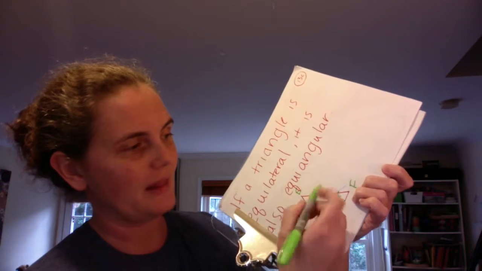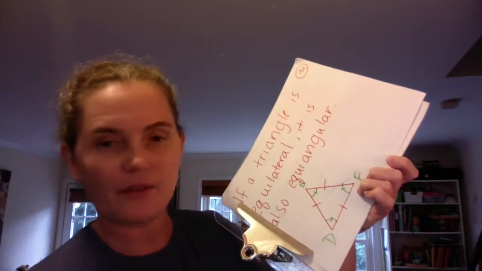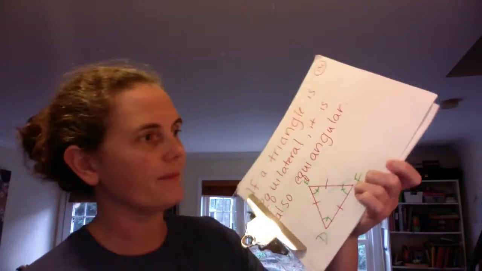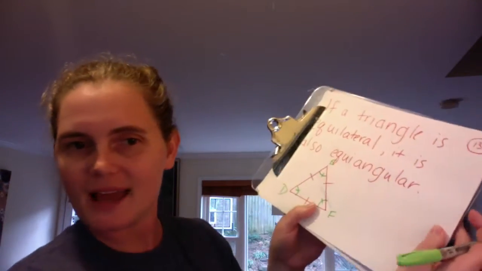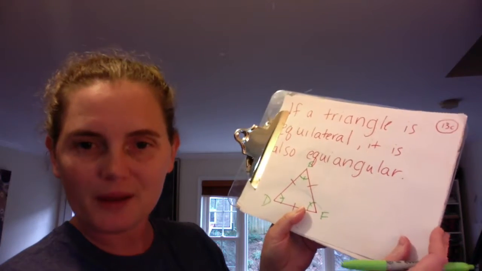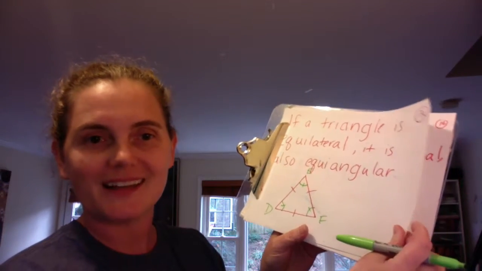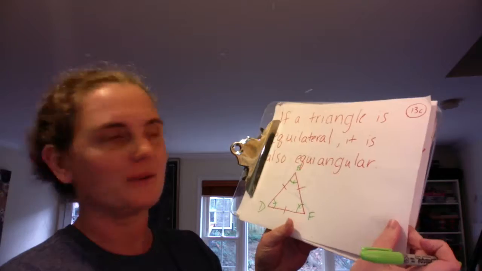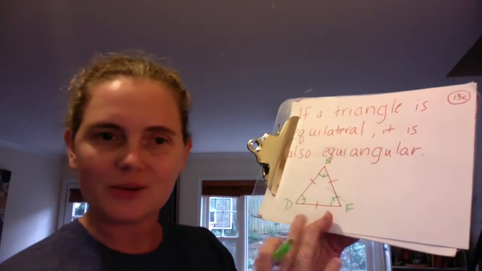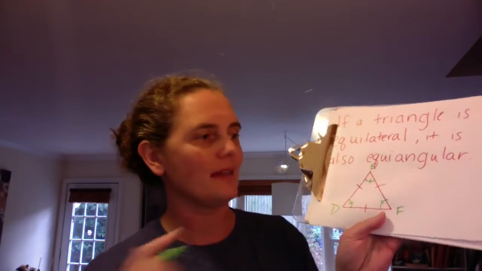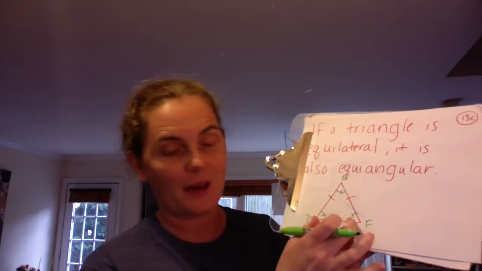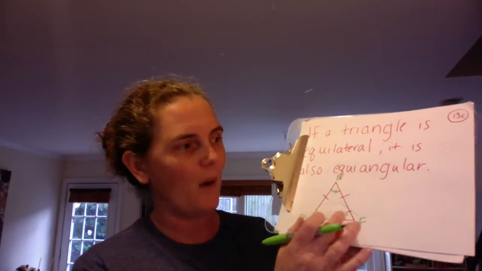So since that's what that one is, that third one must also be equal. Once again, it's a quick proof. That proof is also listed in that lesson in the book, so feel free to look through it. But I think you can see intuitively why, knowing that the opposite angles must be equal, it makes this triangle equiangular.